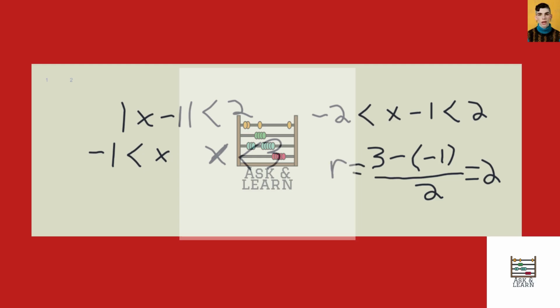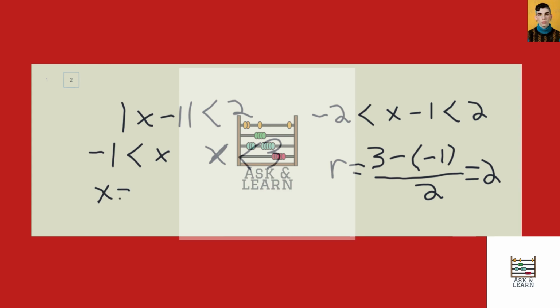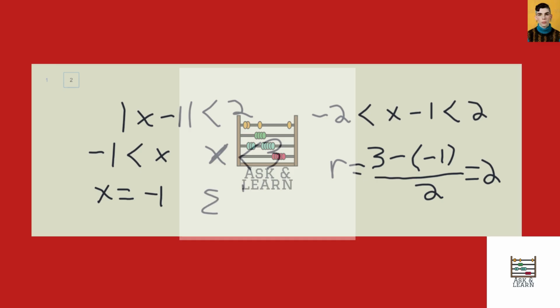For the interval of convergence, we need to figure out whether or not to include minus 1 and whether or not to include 3. So if x is minus 1, then we have minus 2 to the n here. Minus 2 to the n is minus 1 to the n times 2 to the n. So (minus 1) to the n times (minus 1) to the n will cancel, and 2 to the n divided by 2 to the n will cancel. So if x is minus 1, we get a bunch of cancellations, and then we just have the sum of 1 over 2n minus 1.